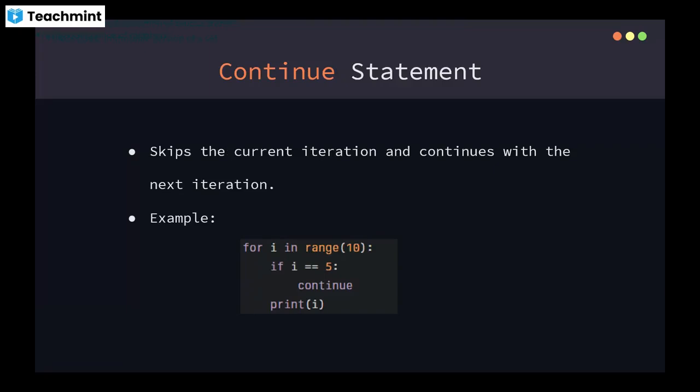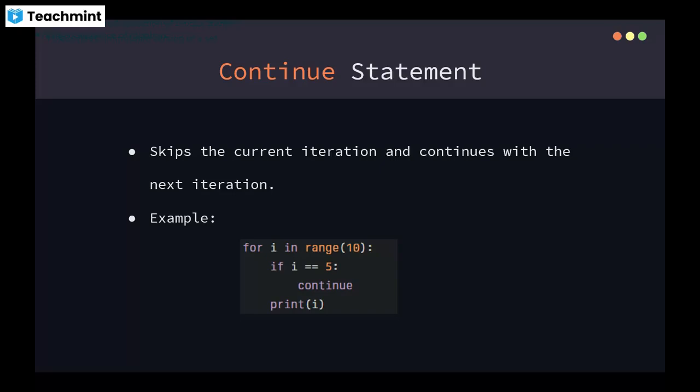So the break statement will exit from the loop, but the continue statement will skip the current iteration. Instead of exiting from the entire loop, in this condition we are trying to print numbers from 0 to 9.